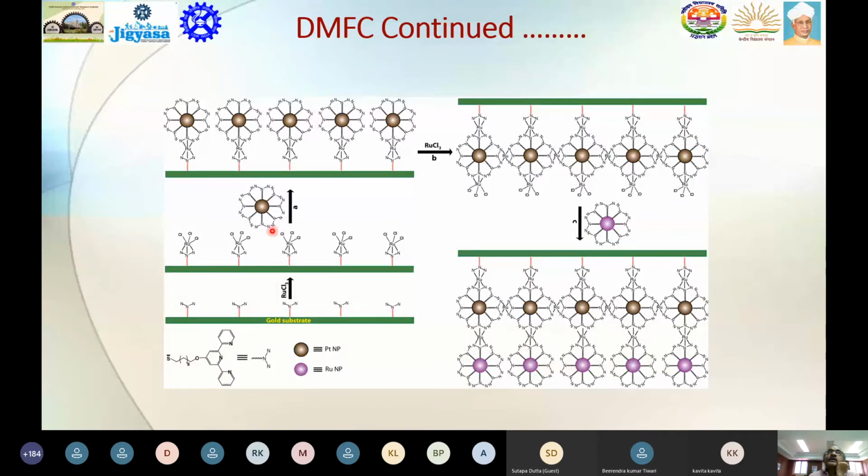We first assembled ruthenium nanoparticle with the help of ruthenium salt. Then we self-assembled platinum nanoparticle with the help of again ruthenium salt. In one case I can put ruthenium, in another case I can put iron or cobalt also. So it is all our choice only, and we are going to look at how the change of metal affects the performance of direct methanol fuel cells.